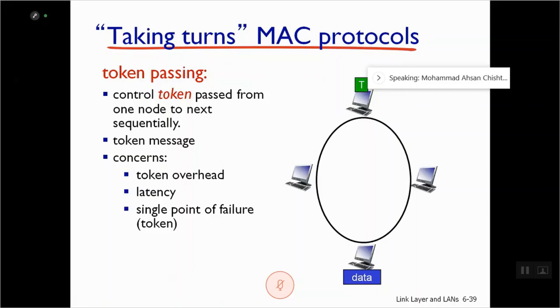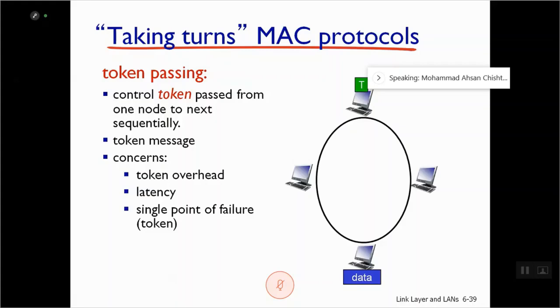If I have nothing to speak now, I will pass on this green card to the person behind me in order. If I have to speak, I will keep this token and start speaking. That doesn't mean that I'll keep on speaking forever. I can speak for a specific amount of time. Once that time is finished, as per protocol I pass on this token to the next one. So there's nobody as such who controls this token. It's a decentralized system here.